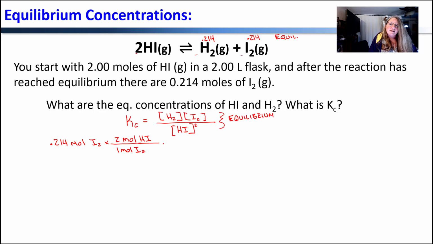Now, we are doing these things in terms of concentrations, so I have a couple of choices here. I eventually want to get to moles of HI. So moles of HI, what is that going to be? That is going to be the initial moles minus the used moles.